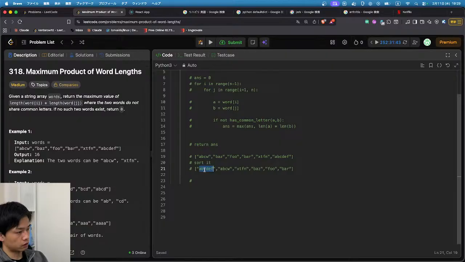And after that we have to look at them one by one.